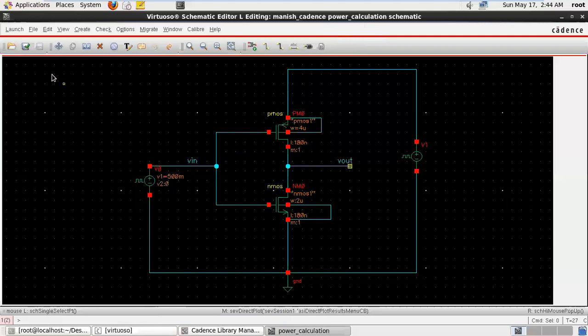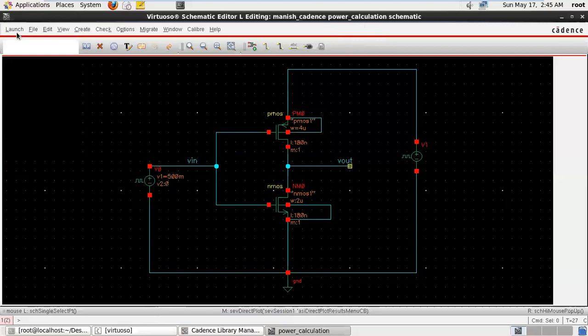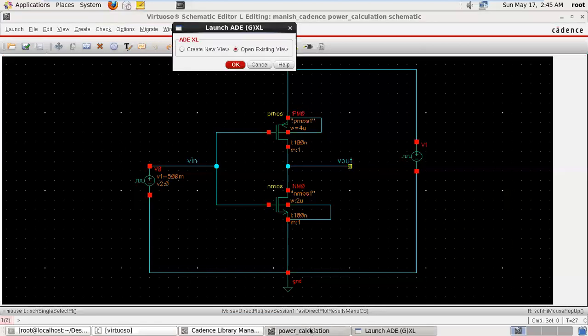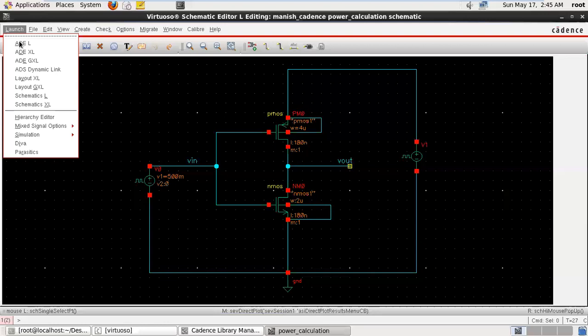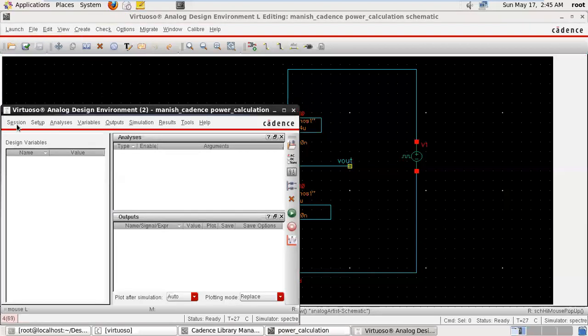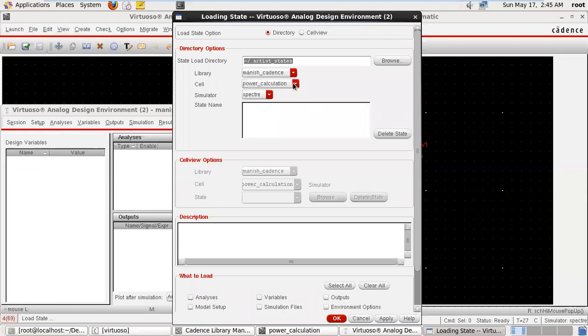So just launch ADE L. Session, load the state. We are loading the same state, the inverter_analysis, here also.